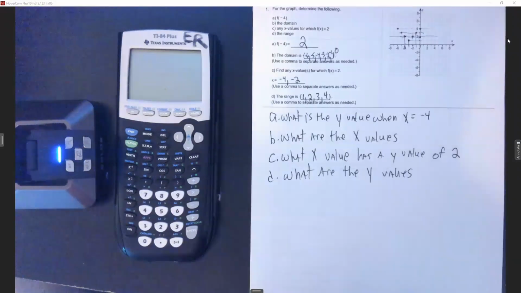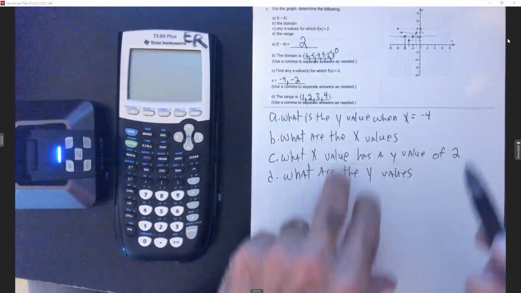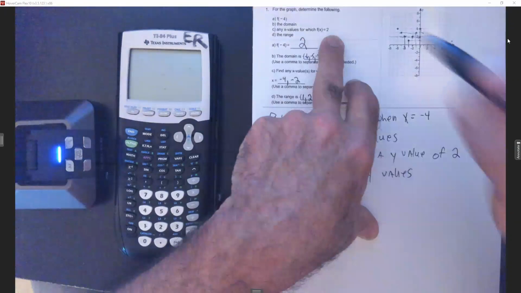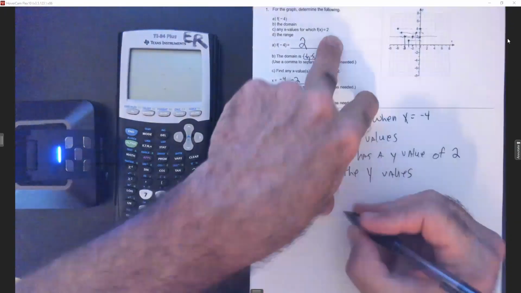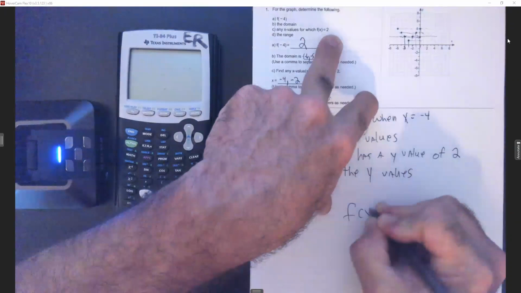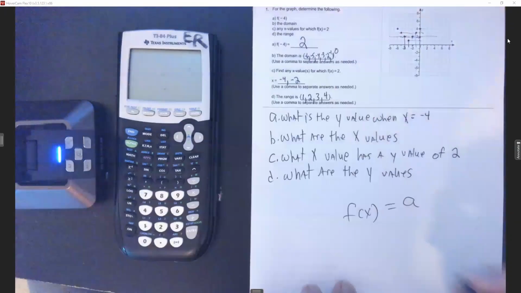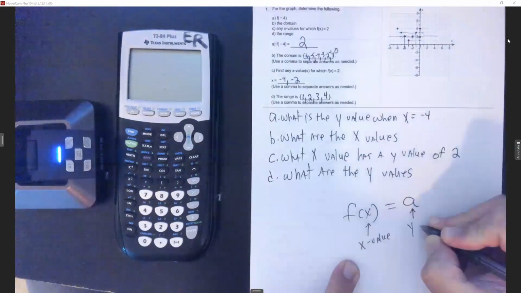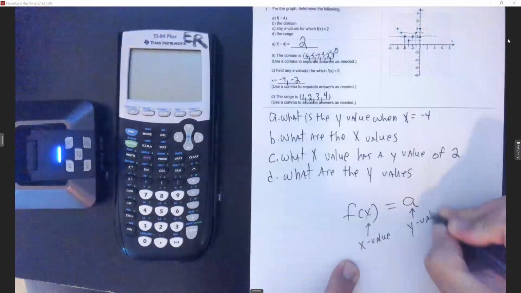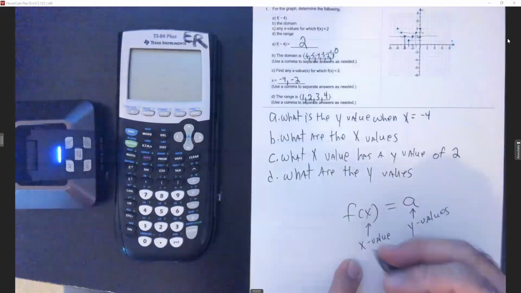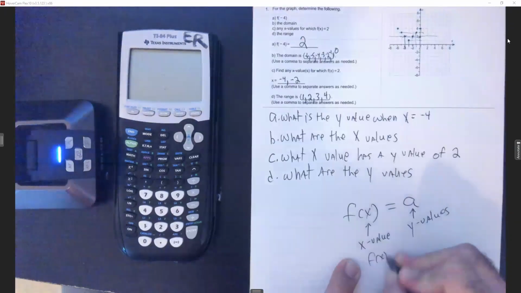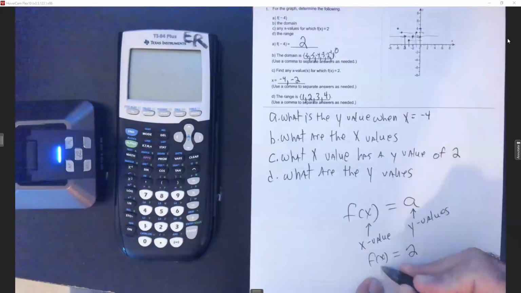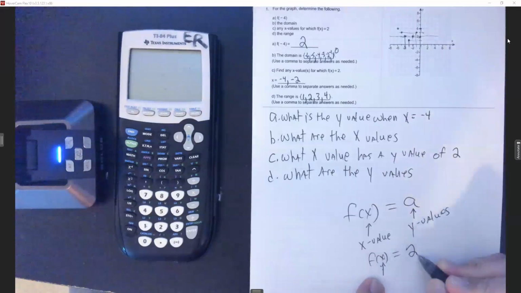So C, up here they said any x values for which f of x equals 2. So remember, when you're in this form of f of x equals a number, this here is where you find the x values. And then this is actually what you're going to get for your y values, okay? So they're saying, hey, your f of x equals 2. So we want to know what x's can I find that have a y value that equaled 2.